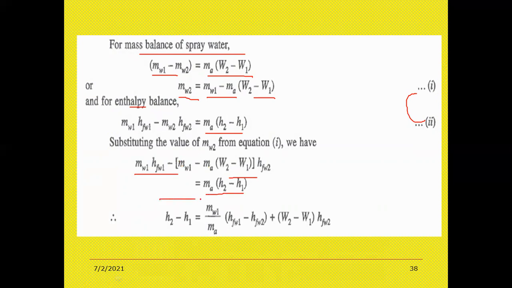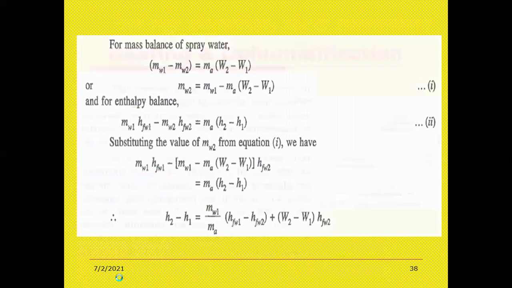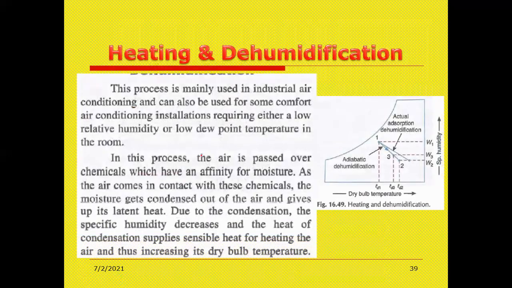Therefore, H2 minus H1 is equal to MW1 divided by Ma times (HFW1 minus HFW2) plus (W2 minus W1) HFW2. That is about the heating and humidification process.